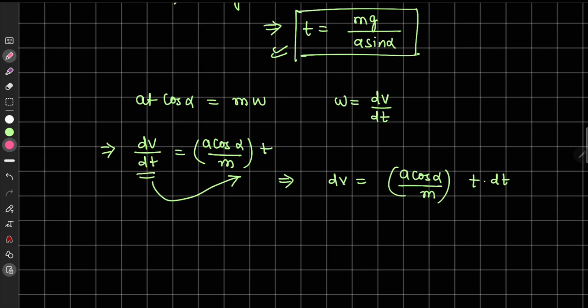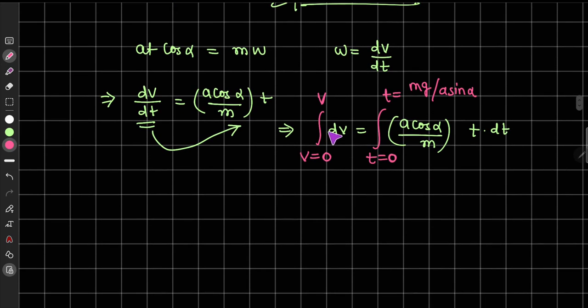Let us integrate both the sides from v equal to 0, because it starts at t equal to 0, to v, and t we have obtained, that is mg divided by a sin alpha.